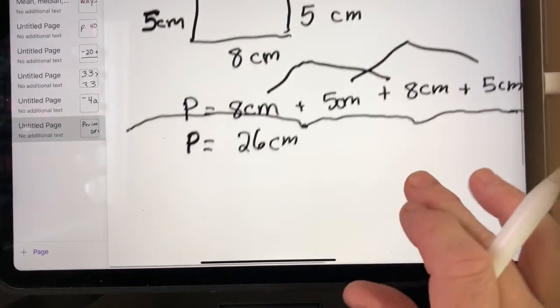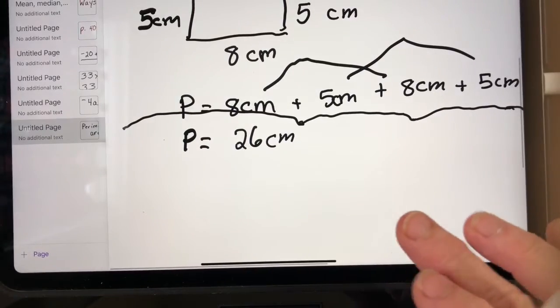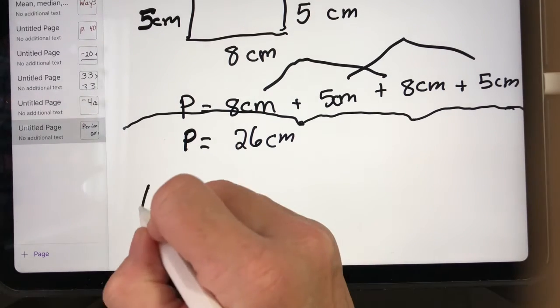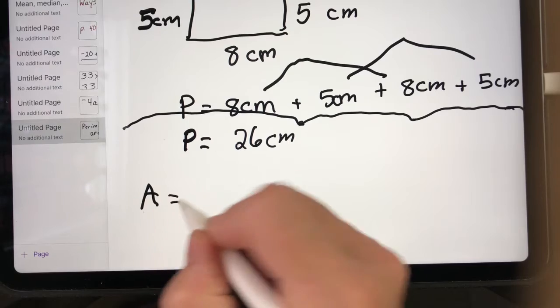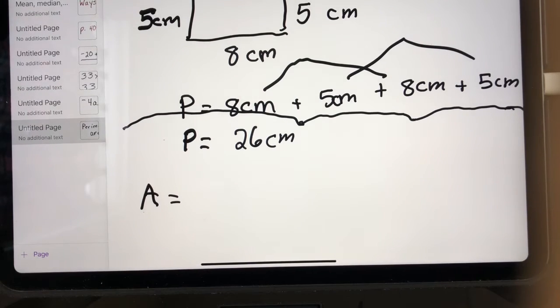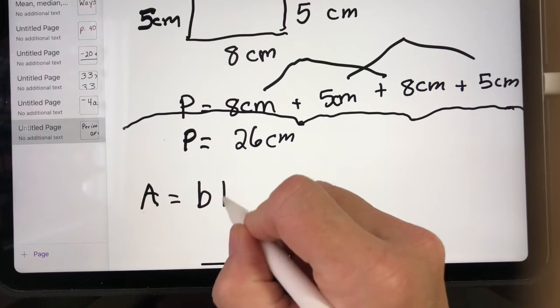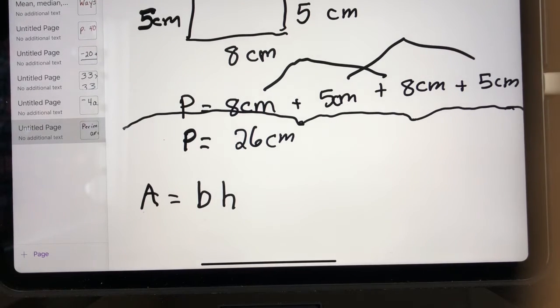If I were going to do the same thing for area, what's the formula? Anybody remember how we get area? You multiply the base times the height. That's for a rectangle.